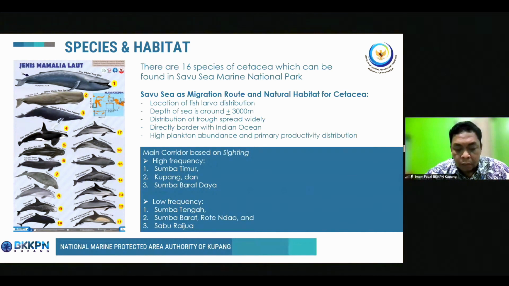These are the 35 Cetacea that are in the world, you can see that there are 16 that you can find in the Sawu Sea. Why has the Sawu Sea become important as a habitat, as a place to live for cetacea, and a migration route? Because the location itself is very unique. We can find a lot of fish larvae, the distribution of fish larvae.